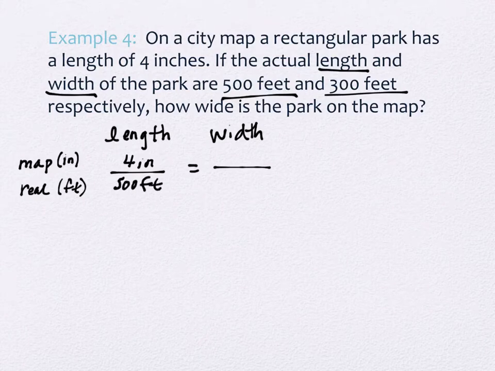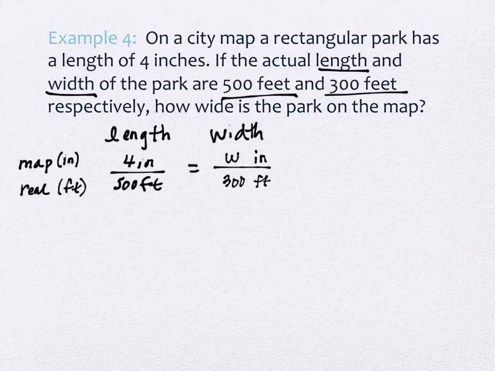How about the width of the park on the map? That is what we're solving for. So call it W if you want, call it X, it doesn't matter. Give it a name. And this is my inches, because I'm on the map. And then what is the width in real life of the park? 300 feet.